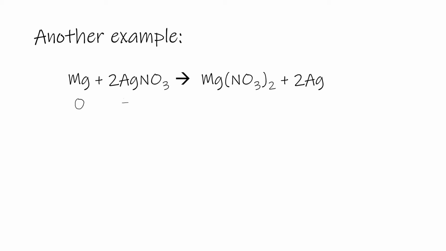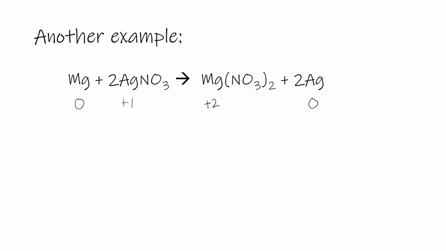The silver is going to be a +1 charge. Nitrate is a polyatomic ion, so for the purposes of our class, we're just going to ignore it. It's going to be a spectator ion. Magnesium, over here in magnesium nitrate, has a +2 charge, and silver as a product is in its elemental state, and so it has an oxidation number of 0.